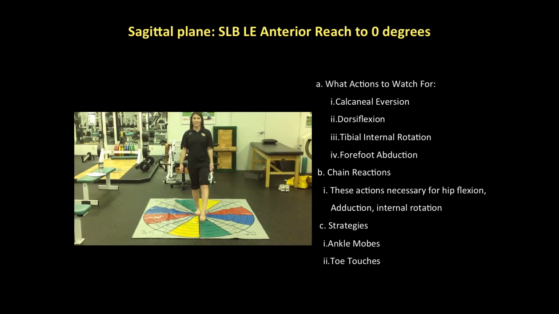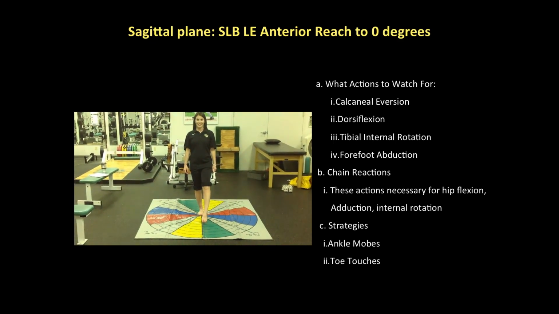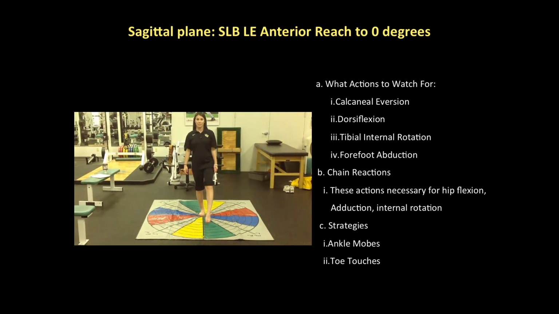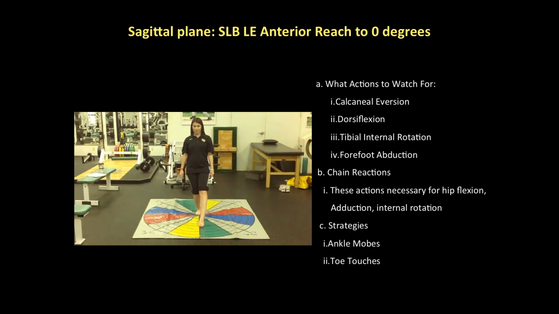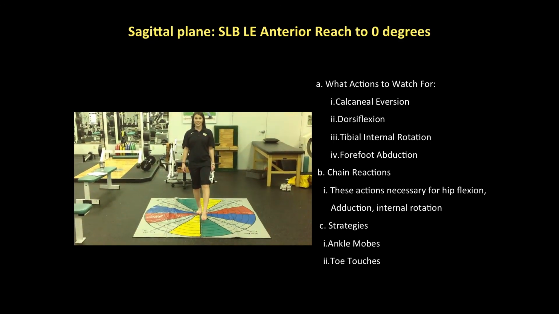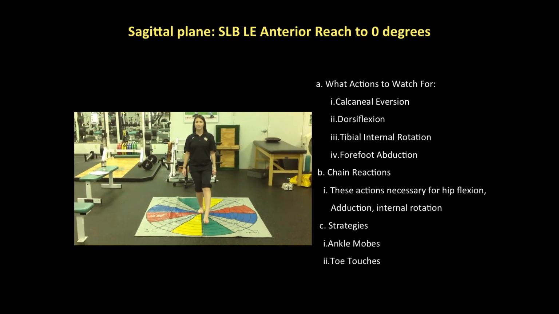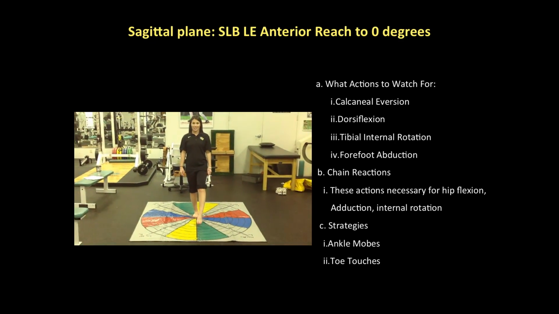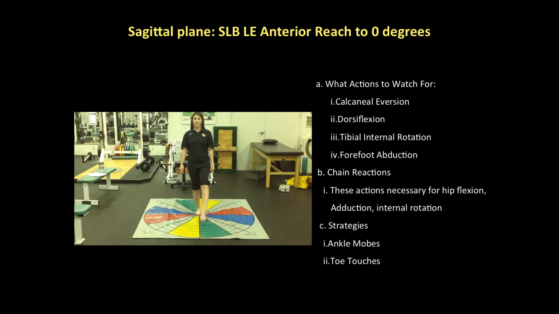The single leg balance, lower extremity anterior reach to 0 degrees, measures and assesses motion in the sagittal plane. This assessment views actions of the lower extremity while loading in the sagittal plane.